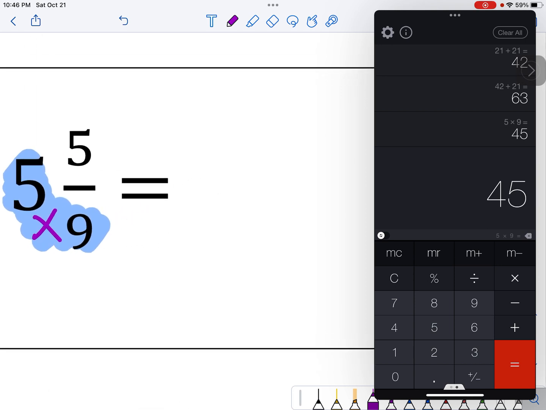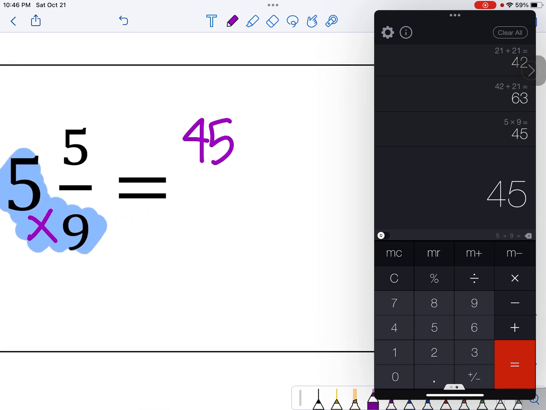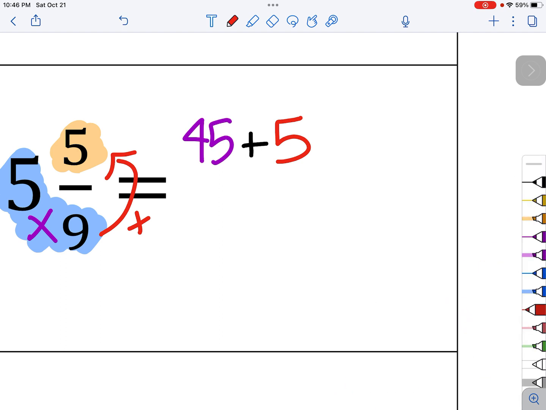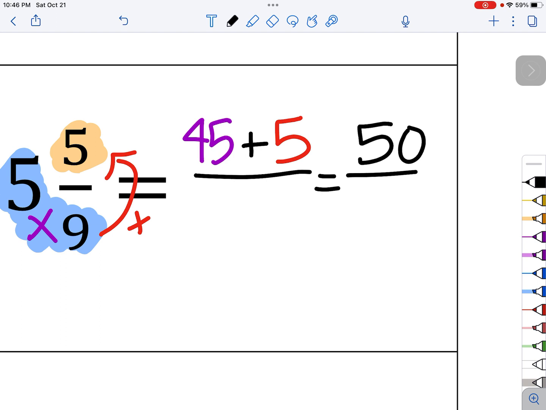So I can write that down if I don't want to just hold on to it in my mind. 45 plus, we still have this numerator. So if we keep going around here, we're going to plus 5. Right, I know that 45 plus 5 is 50, and the denominator stays the same.